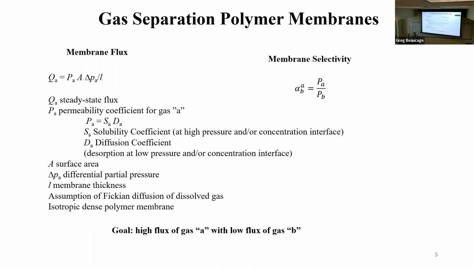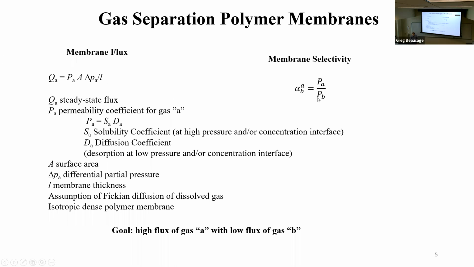Then there's the other thing, how much ethylene sneaks through, how much of the bad stuff gets through. That's the selectivity, the ratio of the permeabilities, which again has two numbers in it, of the A component and the B component.